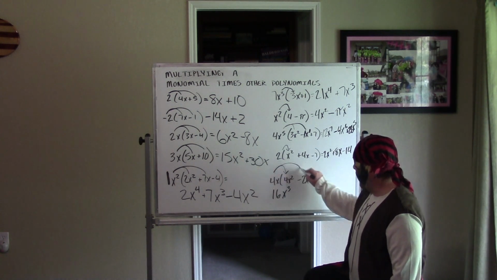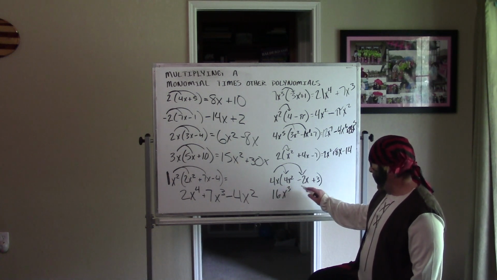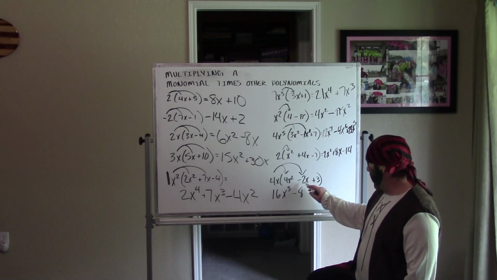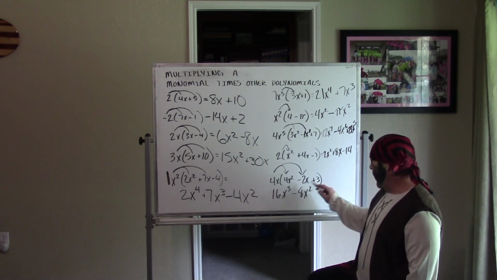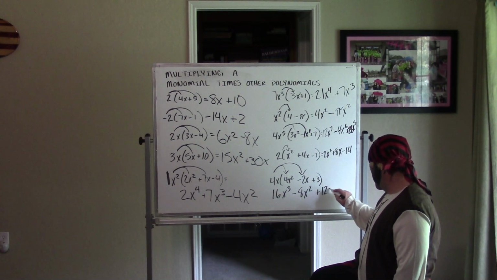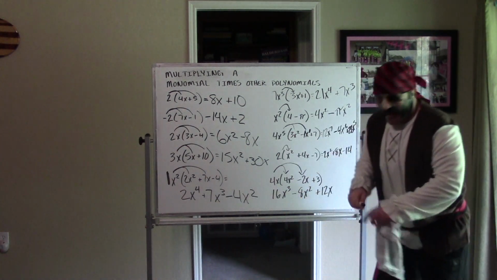Then we're going to go 4x times the negative 2x. So 4 times the negative 2 is negative 8, or minus 8, and x times x is x squared. And then 4x times 3 is 12x. And that's it.